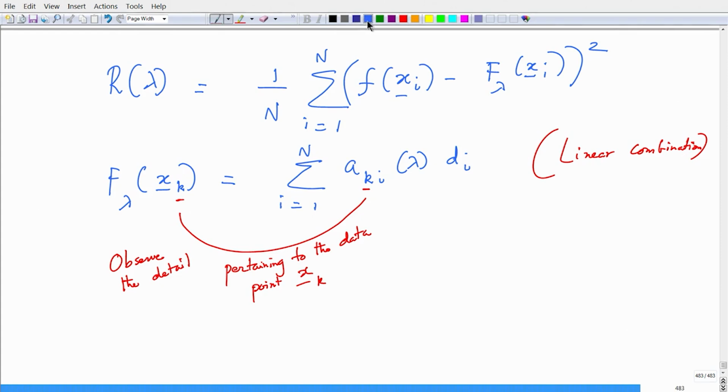Now I can write it in the form of matrices. So I can write F lambda, my vector, as A of lambda, which is my matrix, times this vector d, where I will define all these terms.